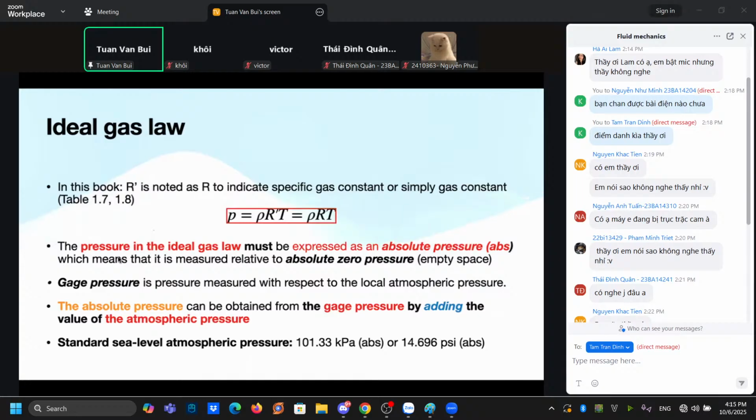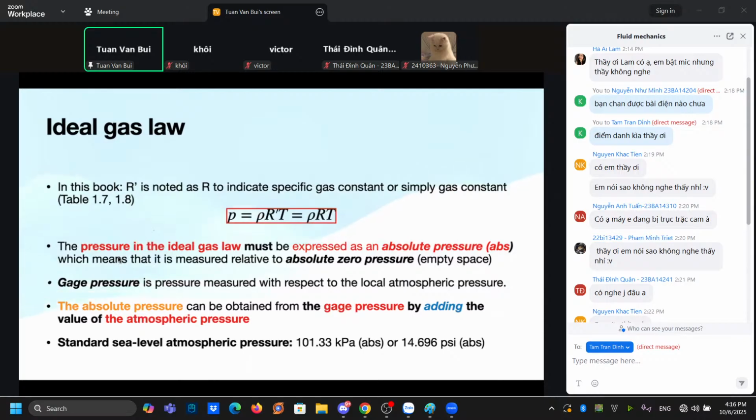And note that the pressure in the ideal gas law must be expressed as an absolute pressure, which means it is measured relative to absolute zero pressure, or empty space. And we have another term, gauge pressure.